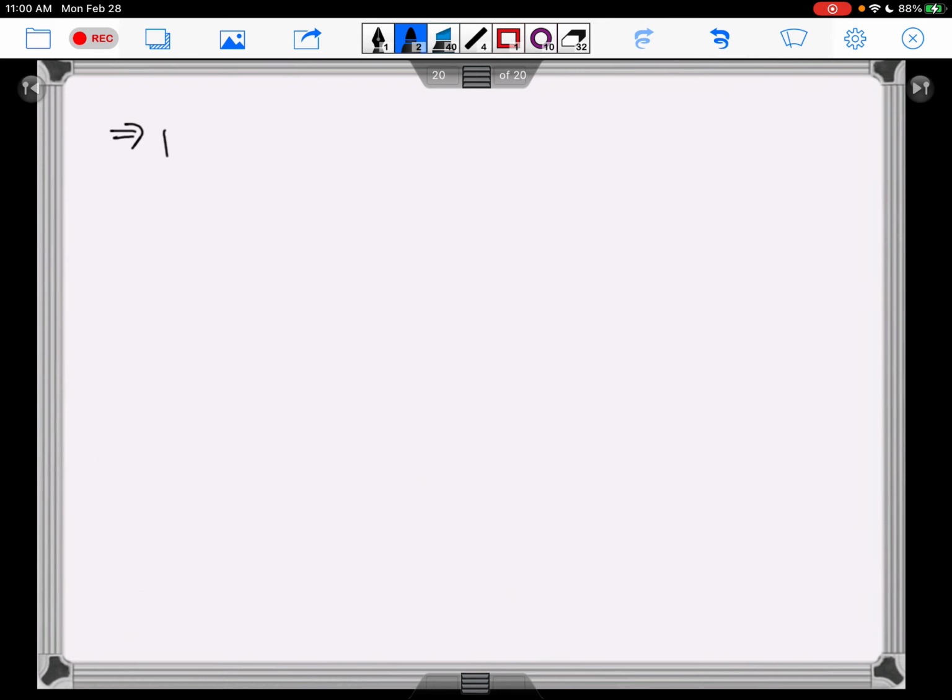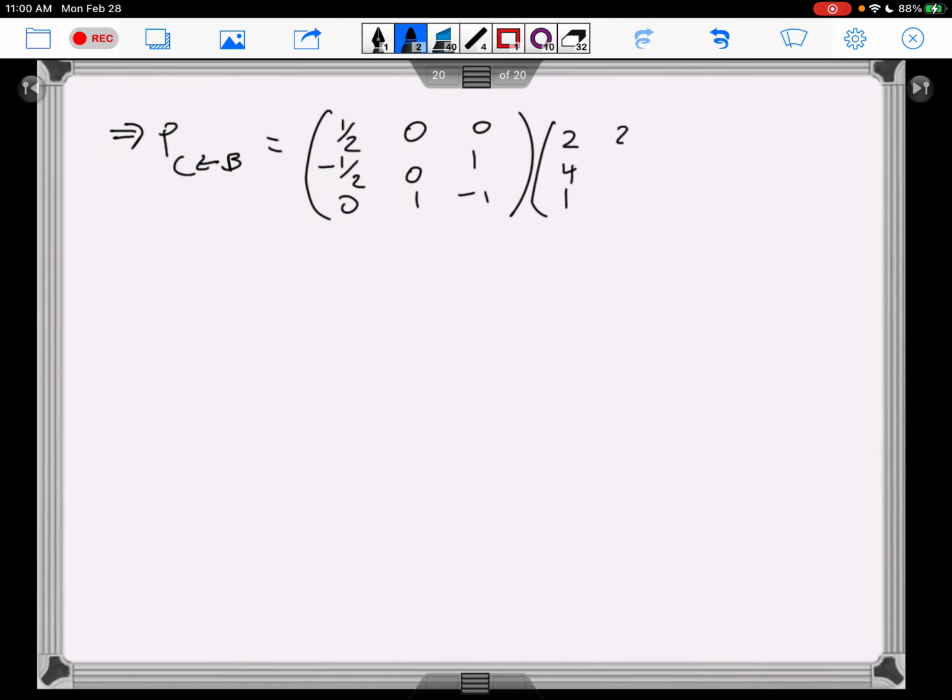So P from B to C is going to equal this matrix times this matrix, and if you work this out, you actually do get 1, 0, 3, 1, 1, 5, 3, 2, -1.